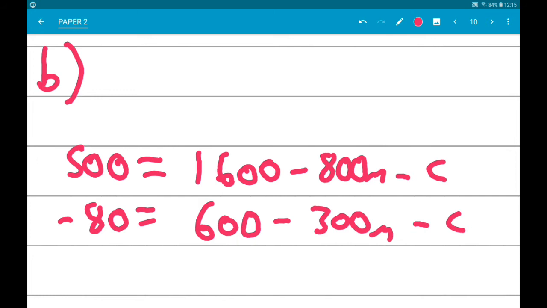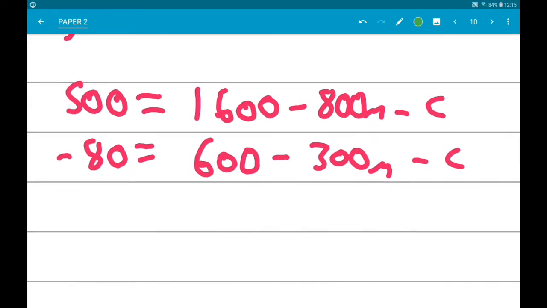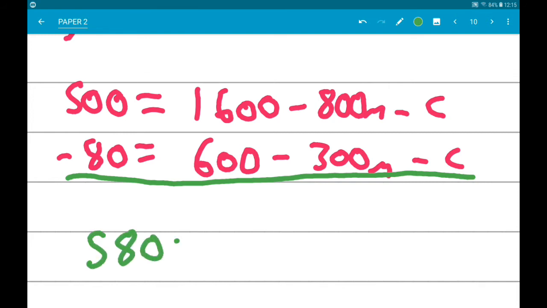Alright, so we're going to get rid of the c's and find m. So, let's subtract the bottom from the top, so we get 580 is 1000 minus 500m.